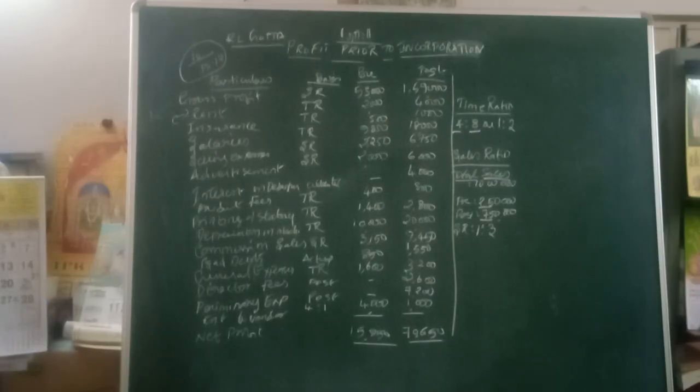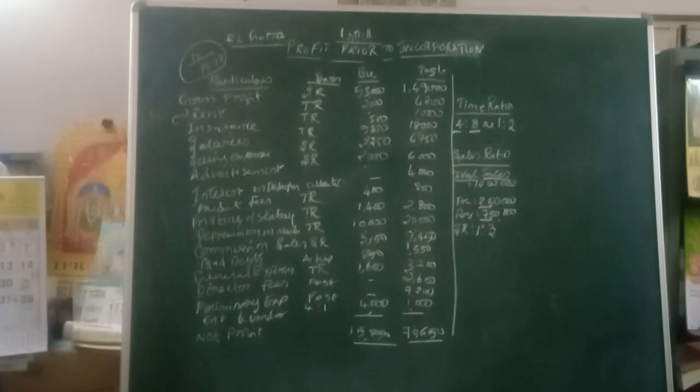Another one is salaries and wages. You are all well aware, both the items are taken for the period, that is number of months. For the first period it is 4 months, and the second period 8 months. So we apportion salaries based on time ratio, that is 4 is to 8 or 1 is to 2. And another one is advertisement.